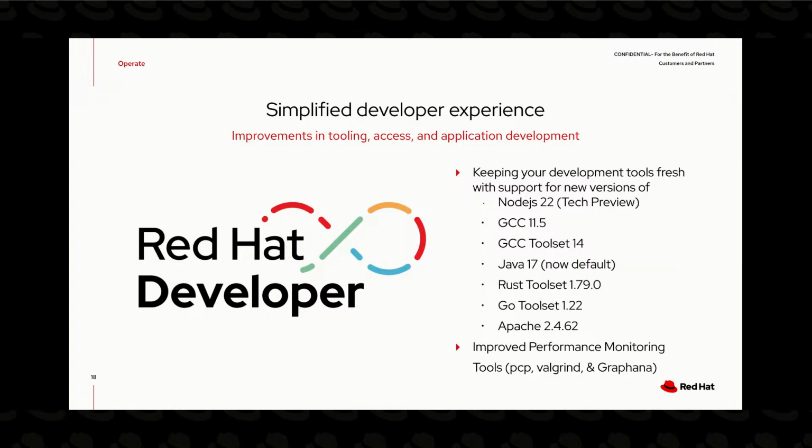Then the last thing down there at the bottom, we did land some newer versions of PCP, Performance Copilot, Valgrind, which is a performance analytics tool for applications, and Grafana, which is a visualization application. So newer versions of those are also available in RHEL 9.5.